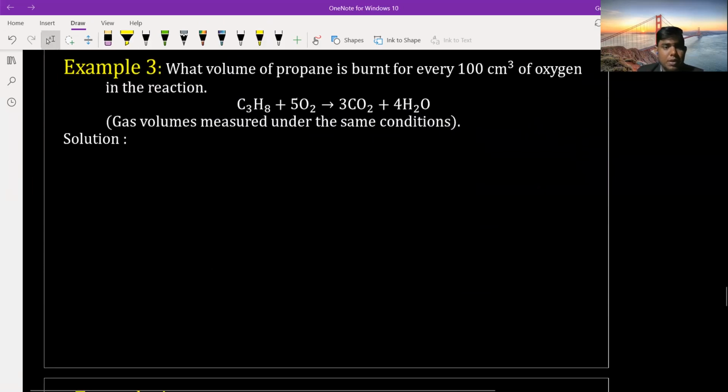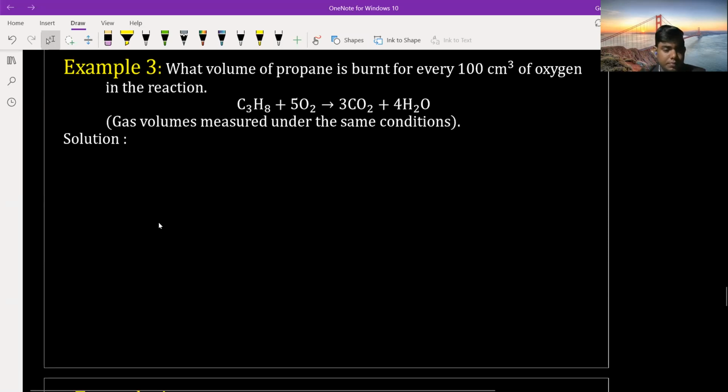Now next example, what volume of propane is burned for every 100 centimeter cube of oxygen in the reaction. Reaction दी गई है C3H8 plus 5O2 gives 3CO2 plus 4H2O. Gas volume measured under the same conditions. Okay.